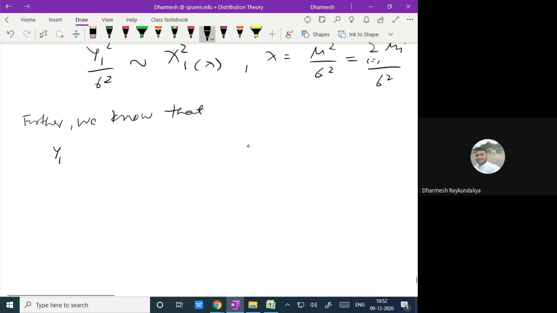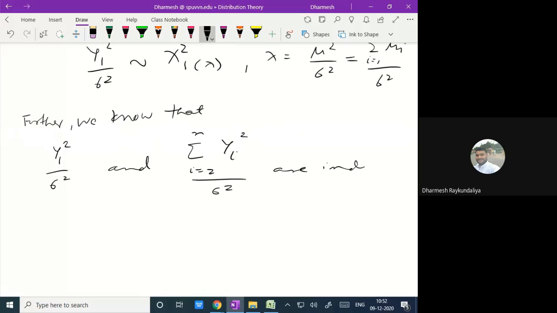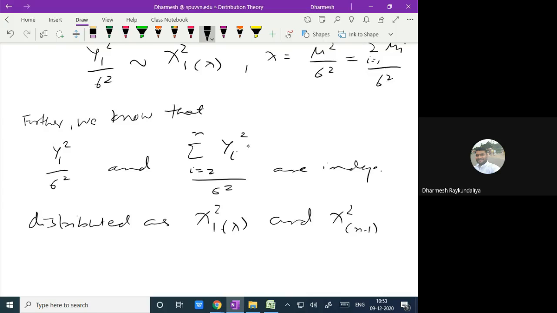Their functional forms are also independently distributed. That means y1 square upon sigma square and summation i running from 2 to n yi square upon sigma square are independently distributed as non-central chi-square with 1 degree of freedom and non-centrality parameter lambda, and chi-square with n minus 1 degree of freedom, respectively.